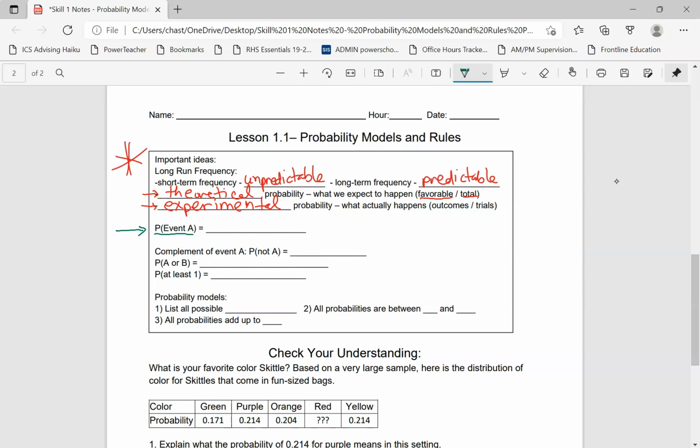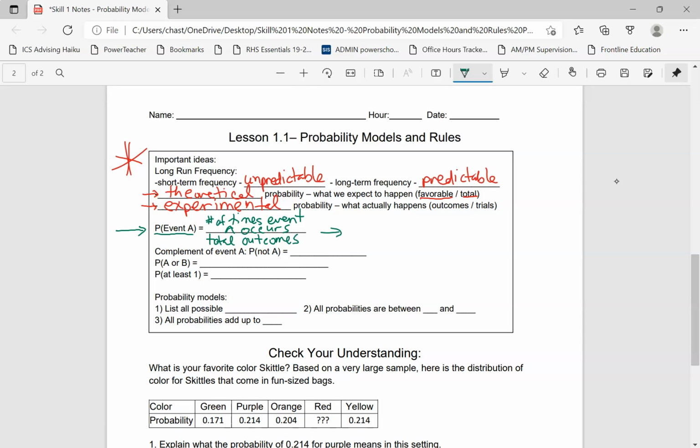We're just calling it event A. The way we'd say that is we define it as number of times event A occurs divided by total outcomes.